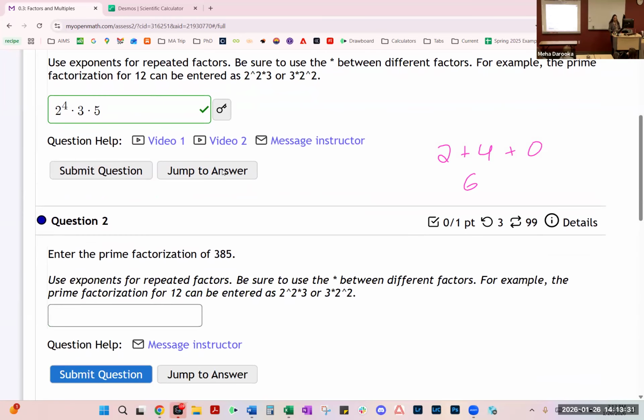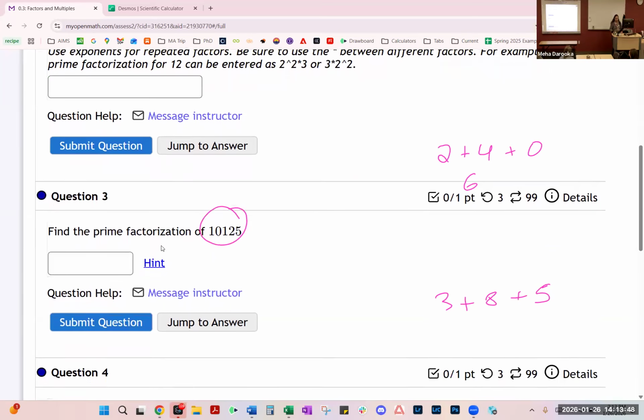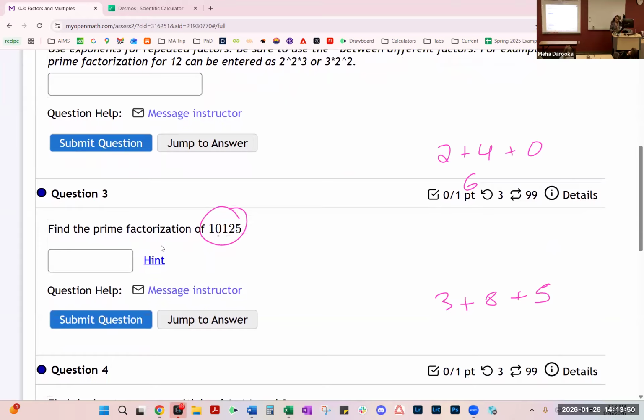If you look at 385, what does this guy add up to? 3, 11, 16, right? So 16 will not go into 3, which means 3 will not be a factor for 385. 10,125. So what does this add up to?